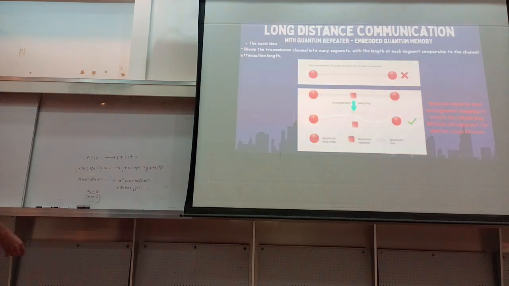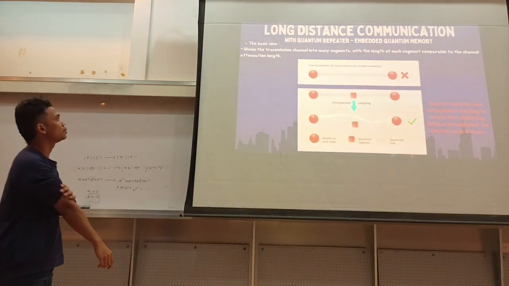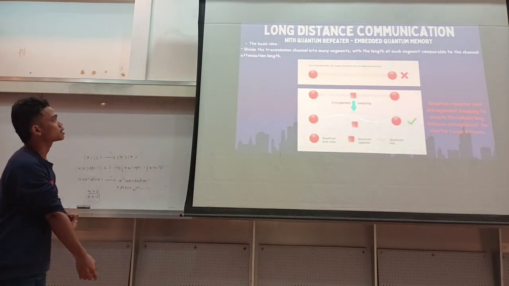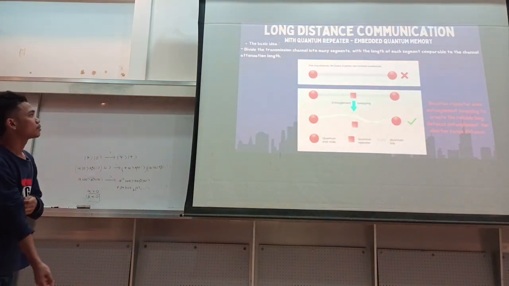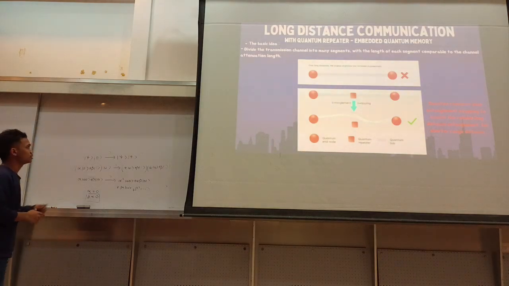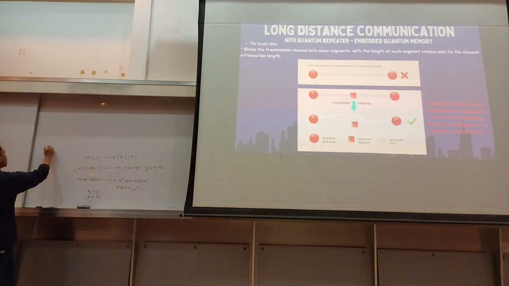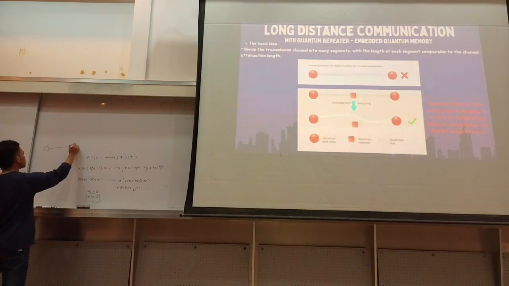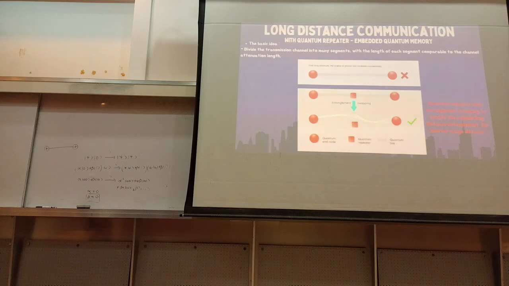Okay, what is the basic idea for this long distance communication? So what if we have this long distance, maybe A and B. With quantum repeaters, we divide this long distance, for example 1000 kilometers or 2000 or whatever, into several segments.